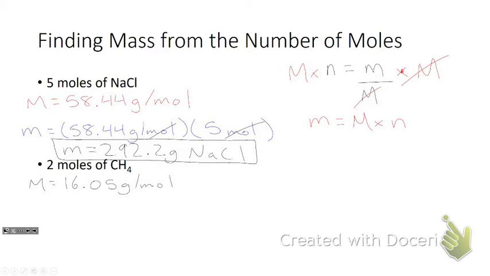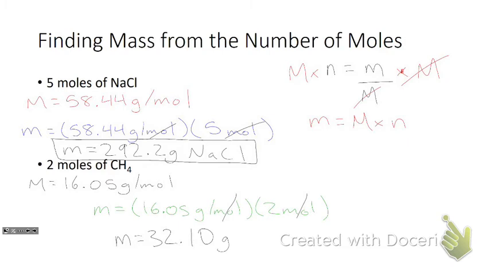So little m is equal to 16.05 grams per mole multiplied by 2 moles. Again, moles cancel, and we're left with our mass of sample, which is 32.10 grams of methane.